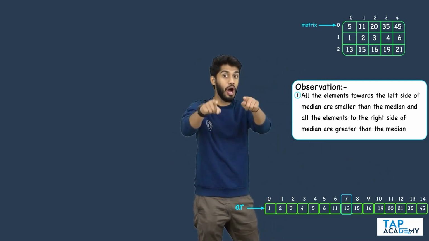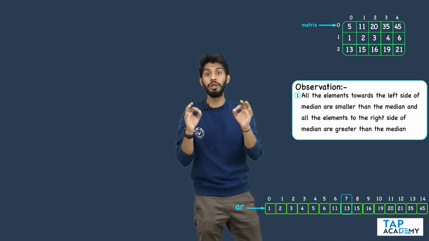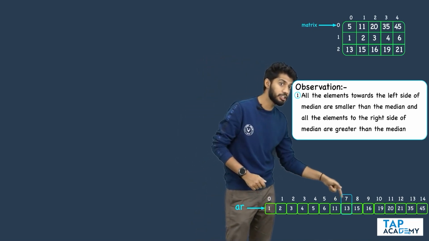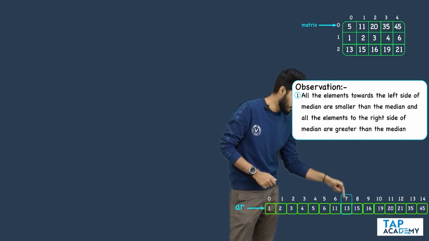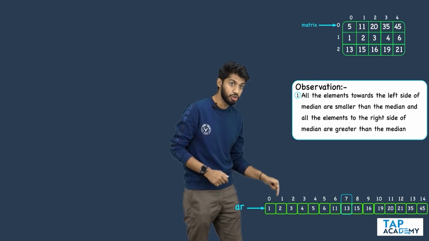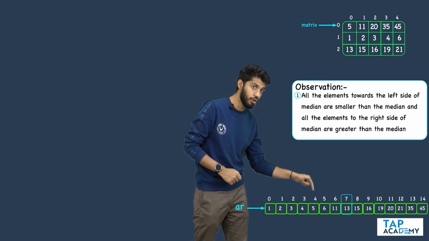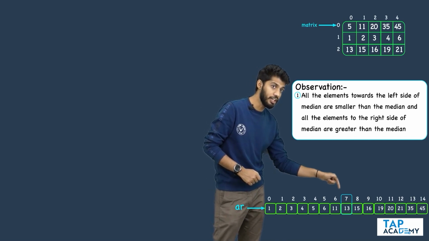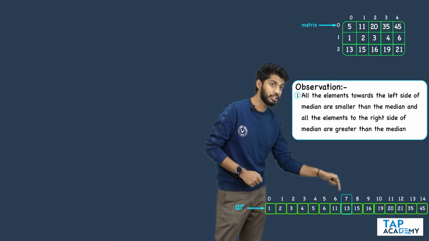If you ask me how many elements are less than or equal to the median element, the median element is nothing but 13. So I need to count the elements up to 13. If I start counting, 1, 2, 3, 4, 5, 6, 7, 8. So there are 8 elements which are less than or equal to. All these are less and this is equal to.